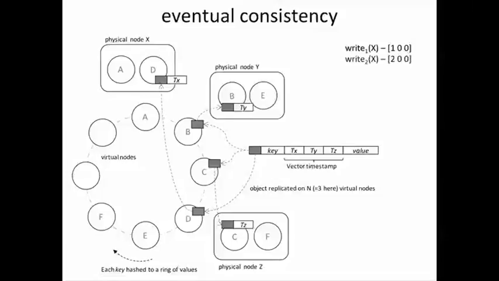Next, we may want to write it again at physical node x, in which case we simply update the vector timestamp to 200 and forget about the old 100 version which was written earlier. That's because in vector terms 200 is greater than 100 in that at least one of the terms is greater than the one in 100 and the others are at least equal to the same in this vector.